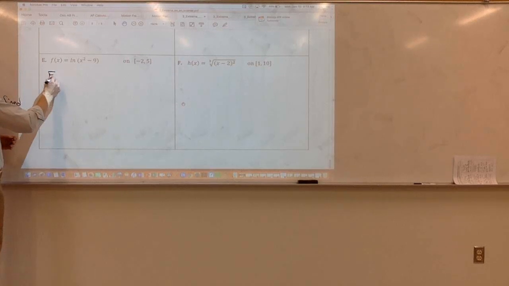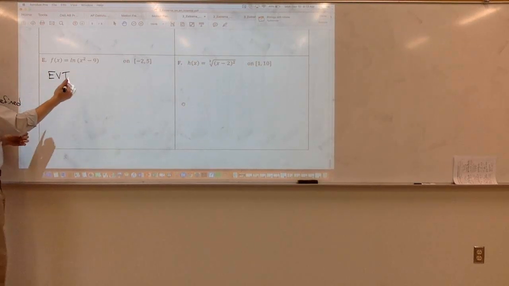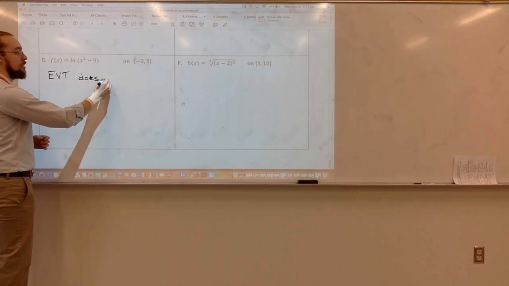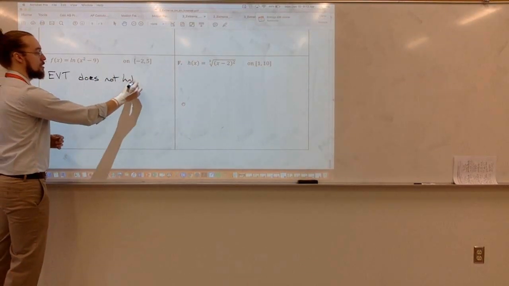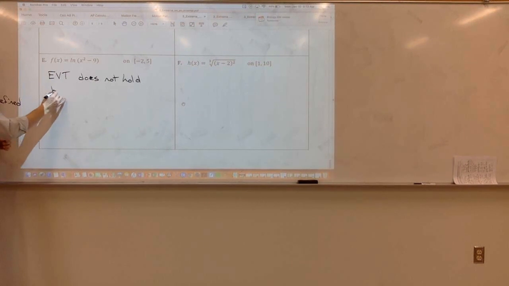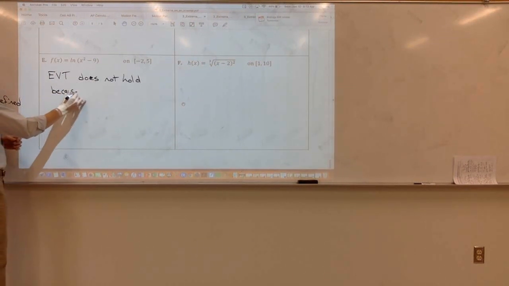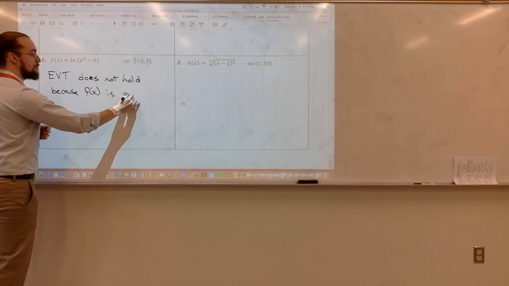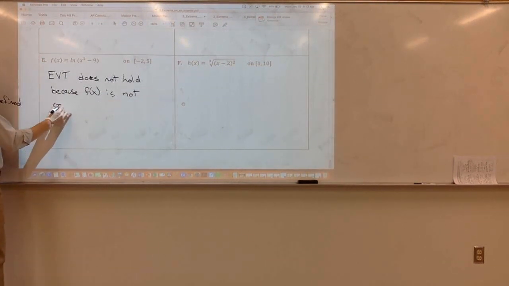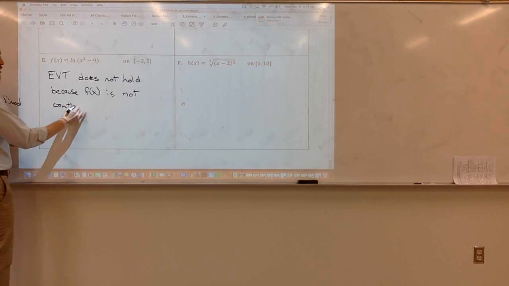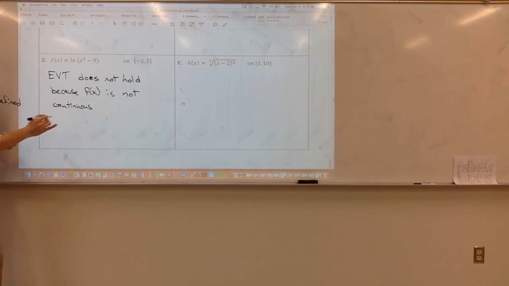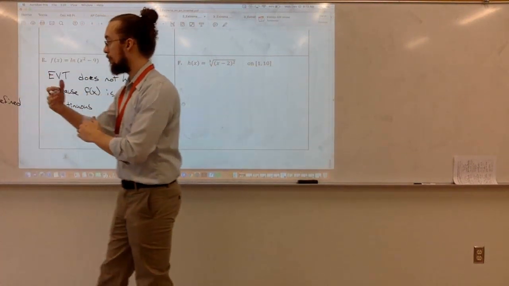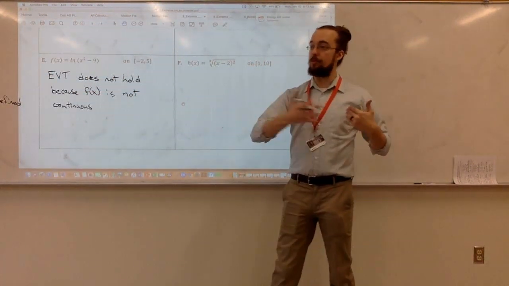We can say that the EVT, the extreme value theorem, does not hold because our function f of x is not continuous. It would be continuous from 3 to 5.